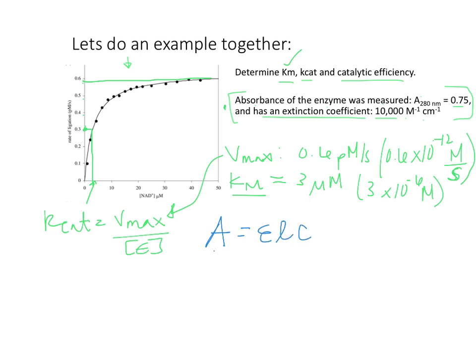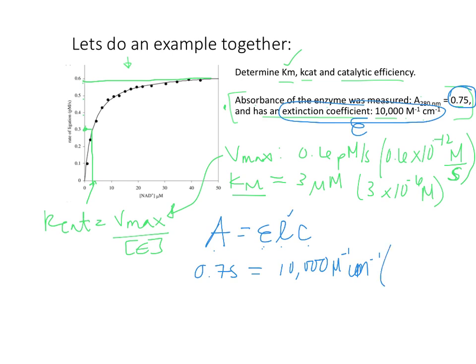Beer's law is absorbance equals the extinction coefficient or molar absorptivity, path length, and concentration. So I have given you epsilon, that's this value right here, this funky epsilon. I've given you absorbance. Remember, absorbance is unitless, so this is 0.75 equals 10,000 per molar per centimeter.